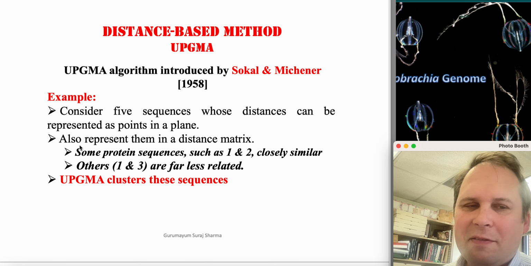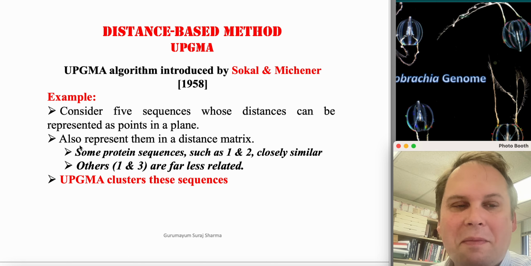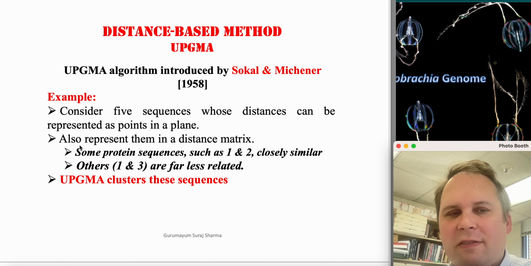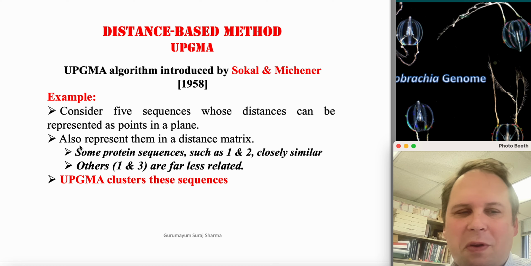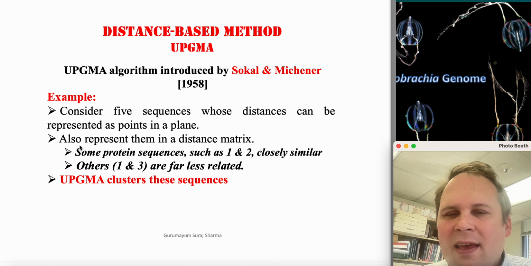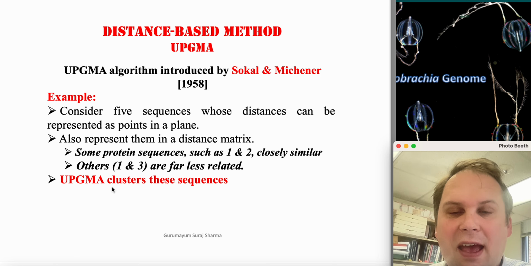And the idea is, of course, that sequences that are close to each other in some meaningful way should have more in common. So they should have fewer changes, so they should have less distance between them, and therefore more similarity between them, right? That kind of makes sense, I think. So some will be close, some will be far, and UPGMA is going to cluster these sequences. Let's see how.